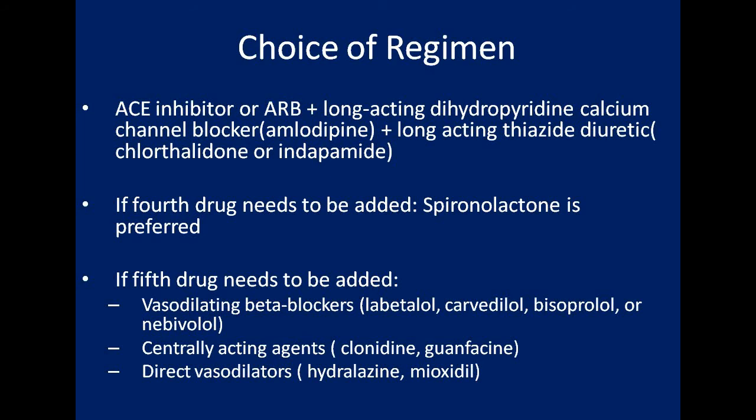However, if a fourth drug needs to be added, then spironolactone is the preferred drug, and if a fifth drug is needed, we can add vasodilating beta blockers like labetalol, carvedilol, bisoprolol, or nebivolol. Also, we can use centrally acting agents like clonidine and guanfacine. We can also use direct vasodilators like hydralazine and minoxidil.